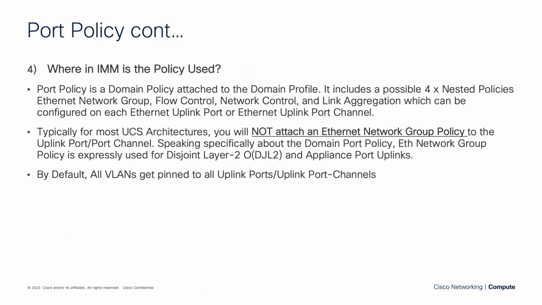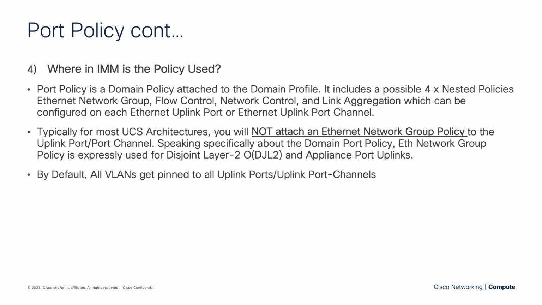Now, as far as where this policy is used, it's used by the domain profile. So you build the policy or policies, and I say that because a lot of times this port policy is created fabric specific.